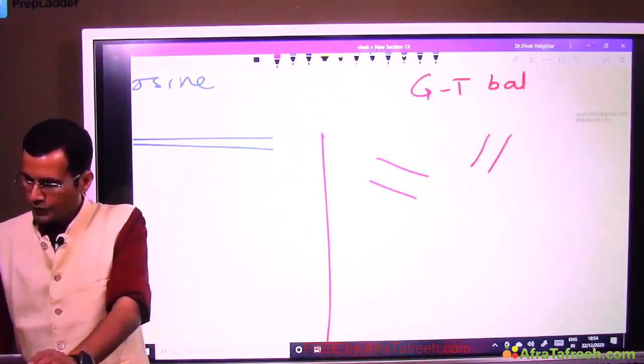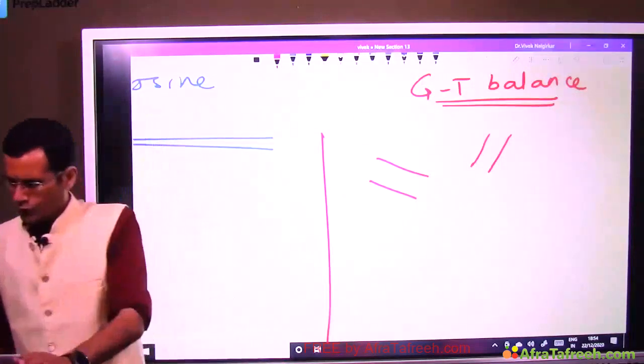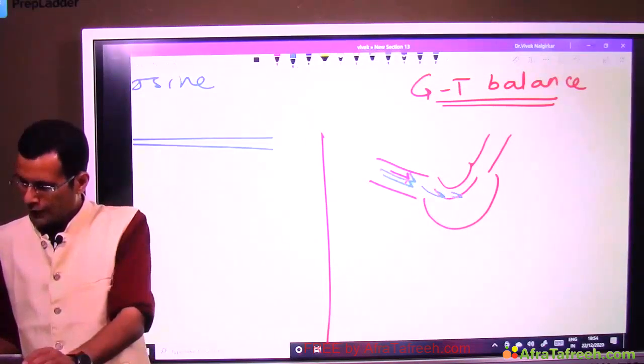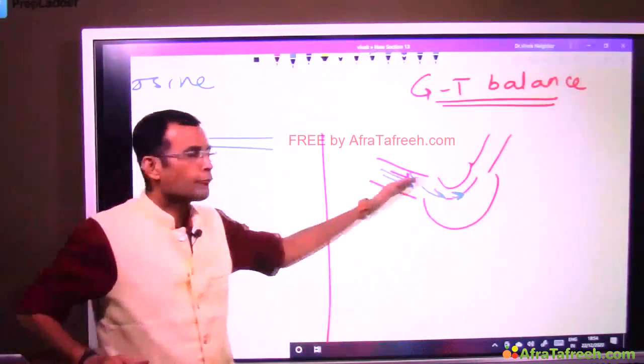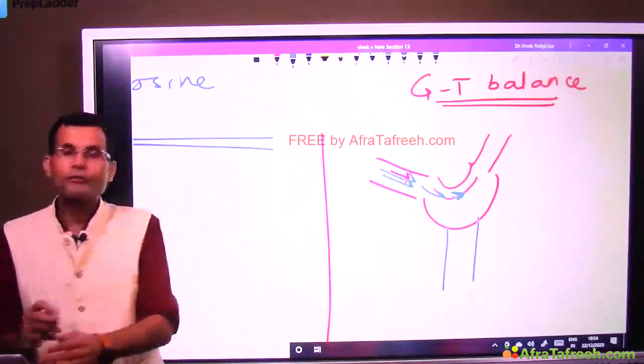Glomerulotubular balance, what is it? Suppose more blood comes into the glomerulus via the afferent arteriole. More blood has come in, and therefore glomerular filtration rate has increased.